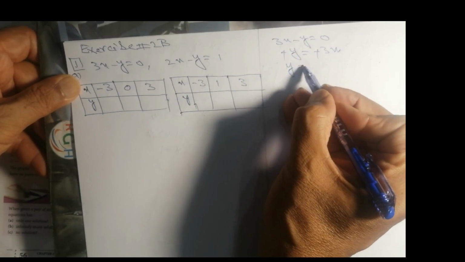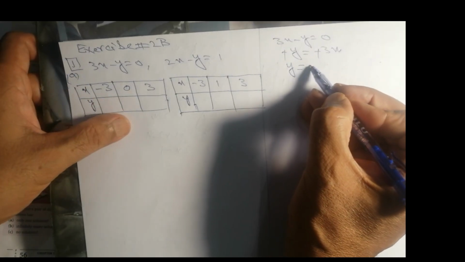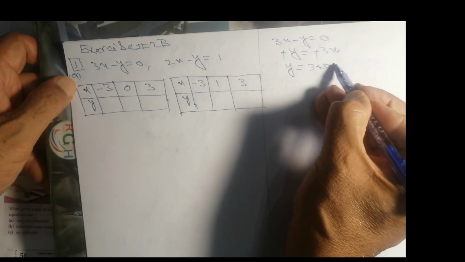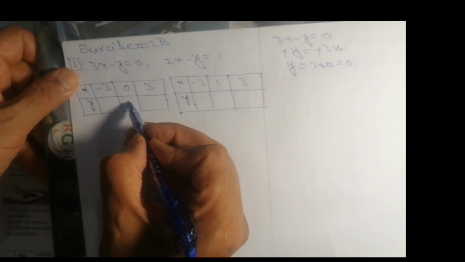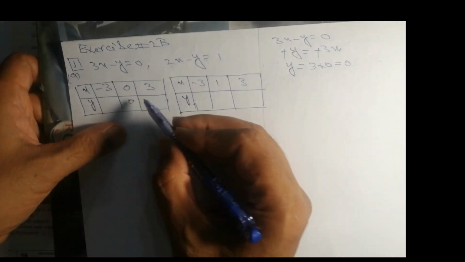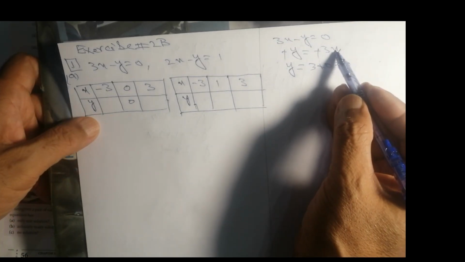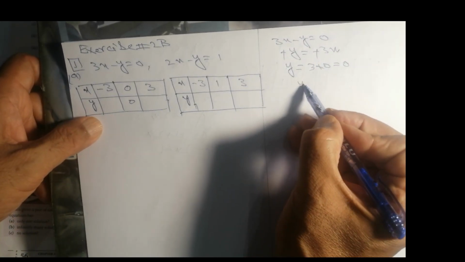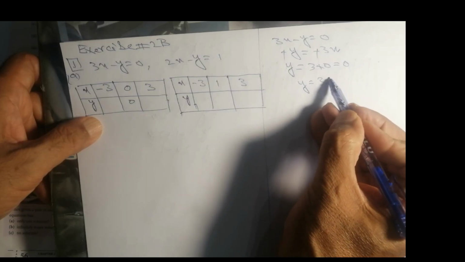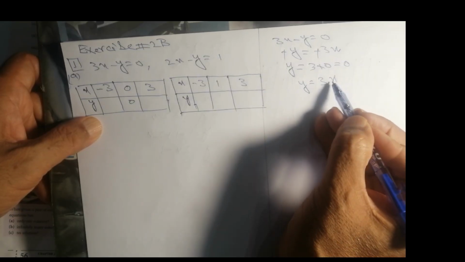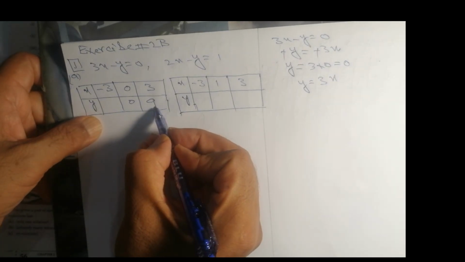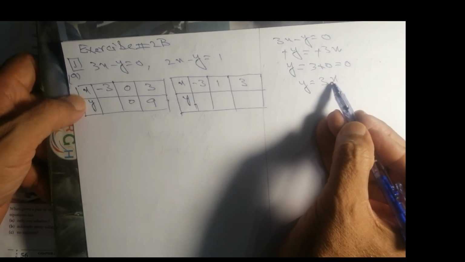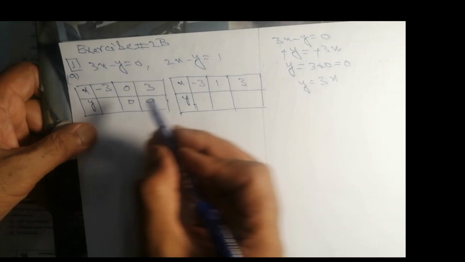If we put x equal to 0, 3 into 0 equal to 0, so y equal to 0. So when x equal to 0, y equal to 0. Now if we put x equal to 3, y equal to 3x, y will be 9, and if we put x equal to minus 3, this will be minus 9.